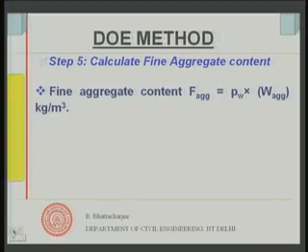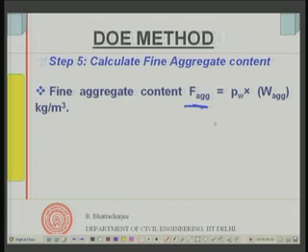Whatever I get, Pw on the mass basis, I am calling it Pw because it is on mass basis, multiplied by the total aggregate, that is the W aggregate, the total aggregate content. I found out Pw from the graphs, the straight line plots that I have just shown you.